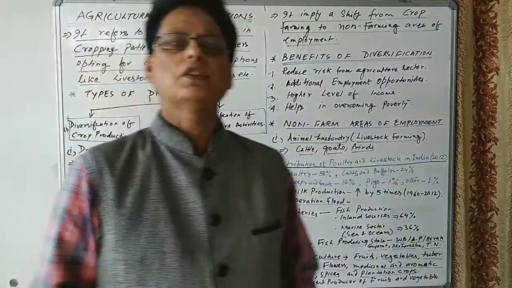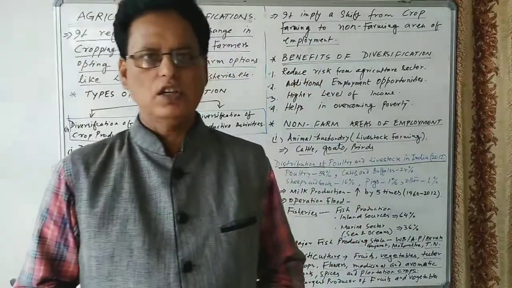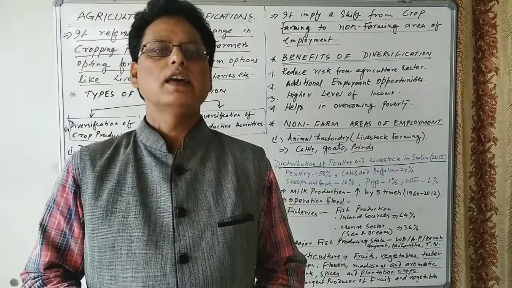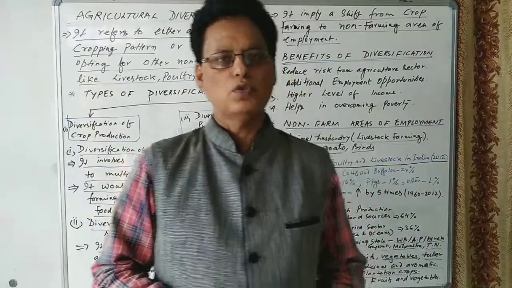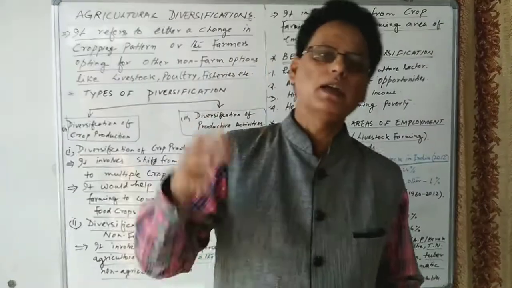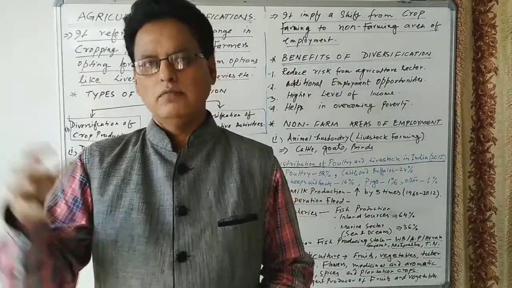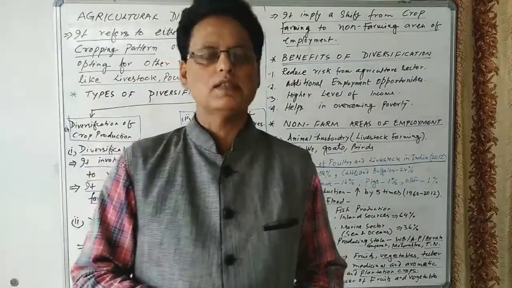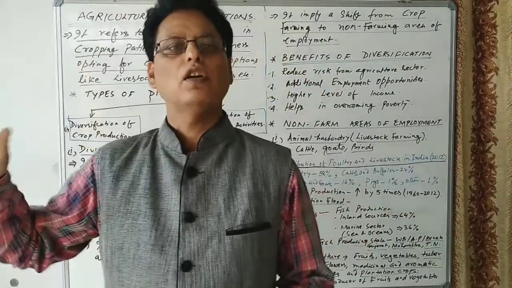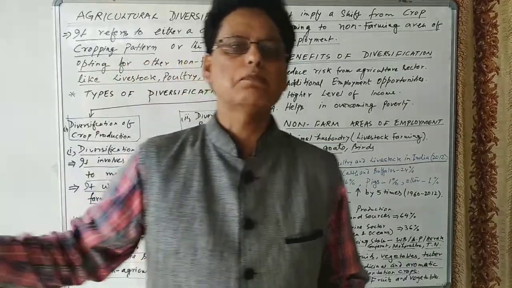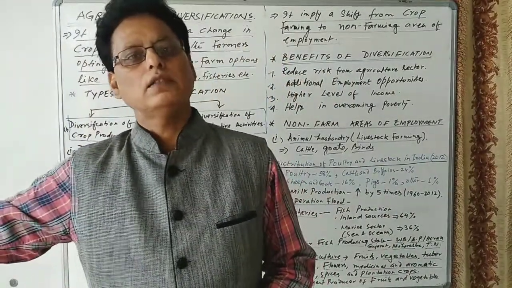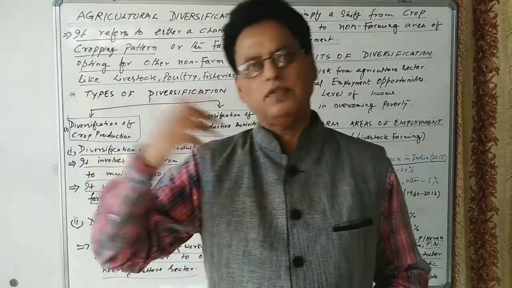Agriculture in our country totally depends upon the monsoon, and sometimes there is an adverse monsoon. This year we have seen the flood damage the kharif crops in West Bengal, Bihar, Uttar Pradesh, and some other parts of our country.